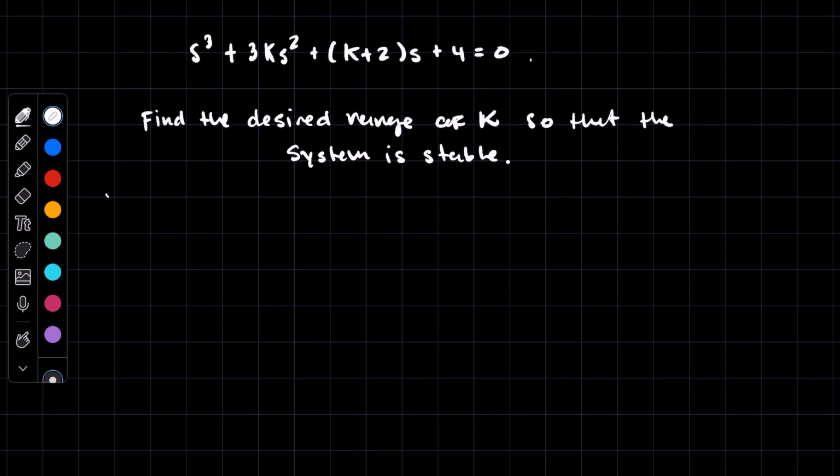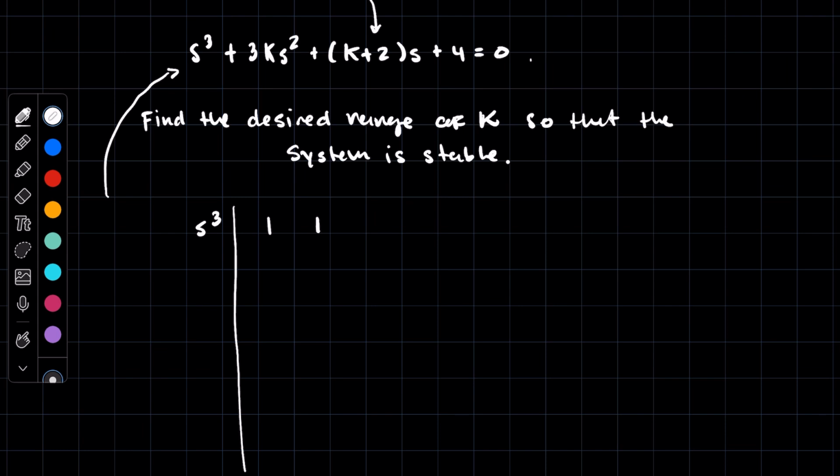We're going to first set up our tabulation. For the tabulation, we're going to start with the highest, which is S3, and we're going to pull the coefficients out. So for S to the third, this is 1. And then we proceed with the next following, skipping 2.